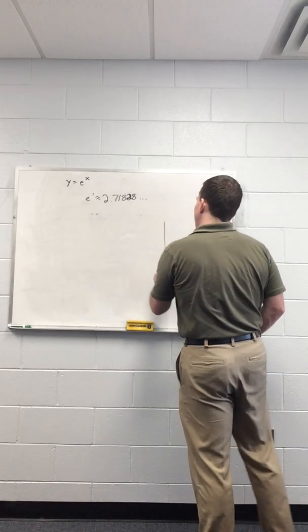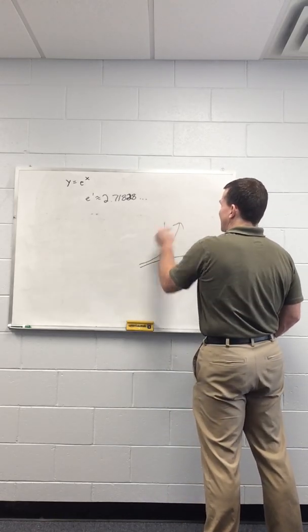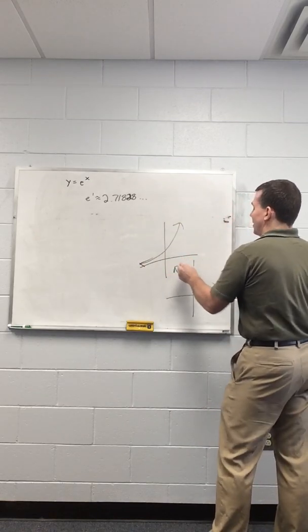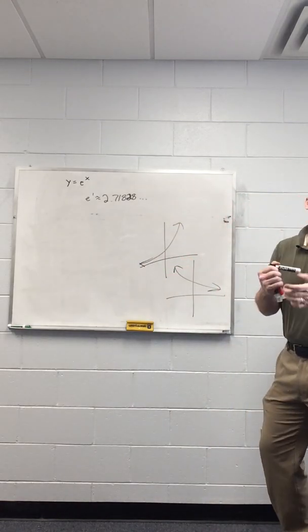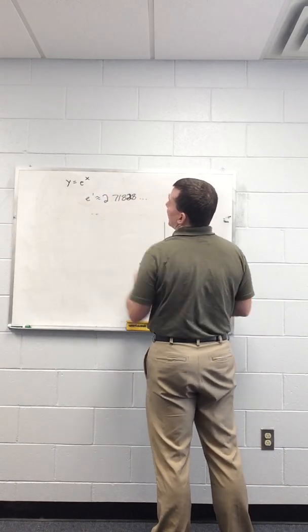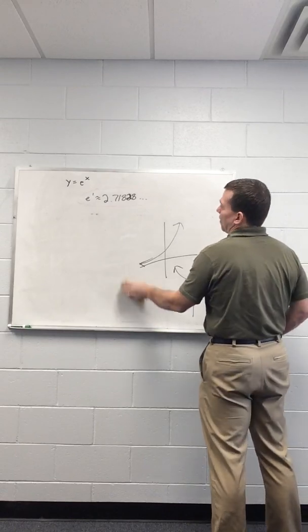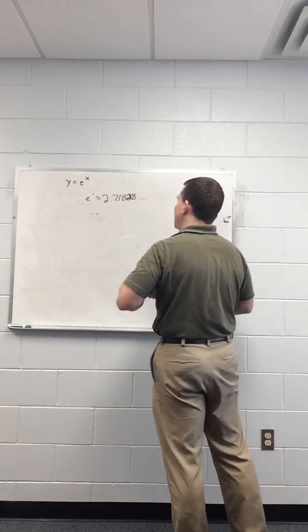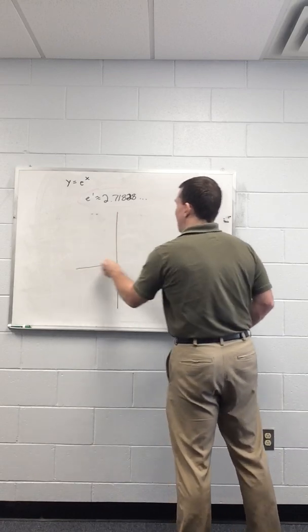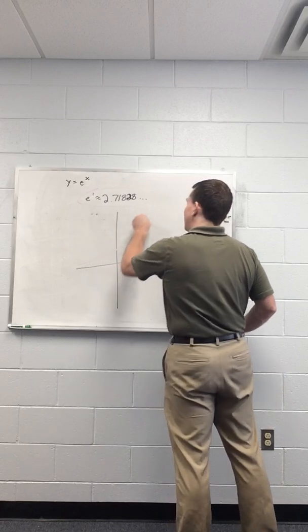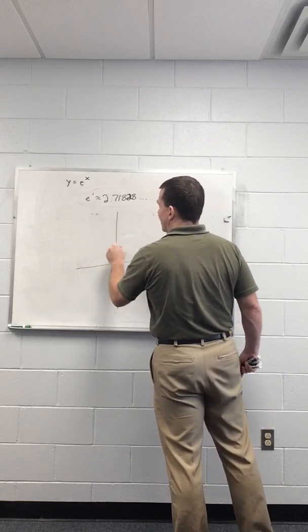We know it either looks like this, or it looks like that, entirely based off of the base. But we said e, the number, is 2.7. That's a base bigger than 1, which means I know immediately my exponential graph for e to the x looks like that.